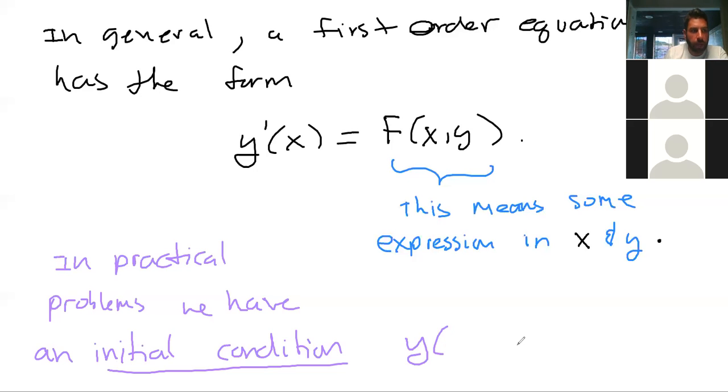We know at some point A, it spits out some value B. Does anybody have a question?